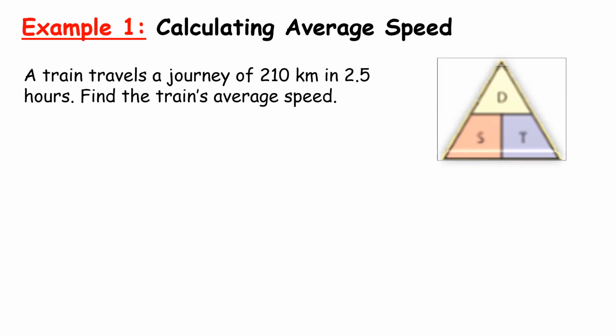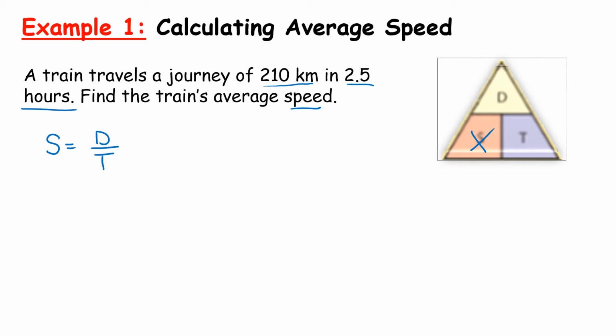Let's look at an example. So this has asked us for our average speed. And remember, that word average will just come along with speed, and we're not worried about it at all. So a train travels a journey of 210 kilometers in 2.5 hours. Find the train's speed. So we want speed. I go over to my triangle. I want speed, and that is distance over time. So I write speed is equal to distance over time.